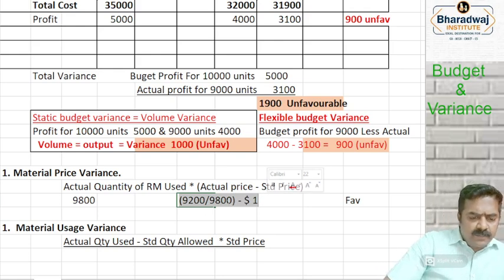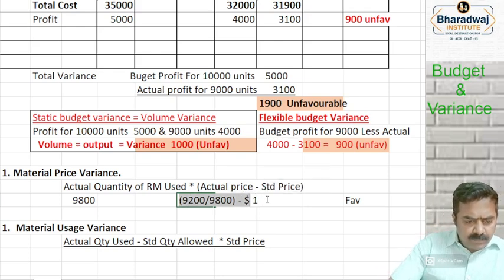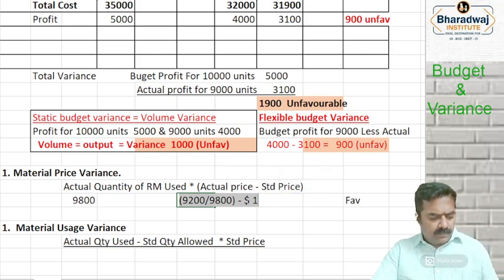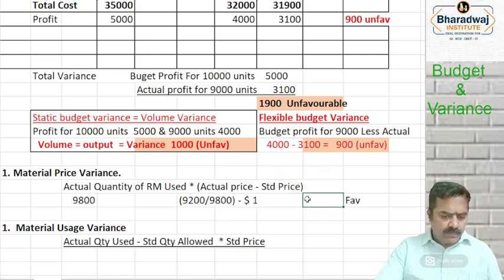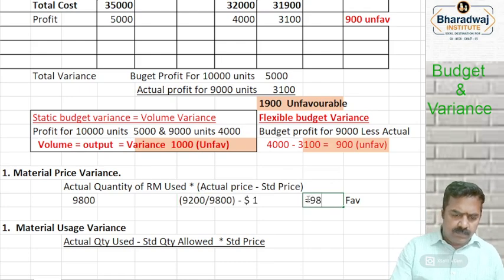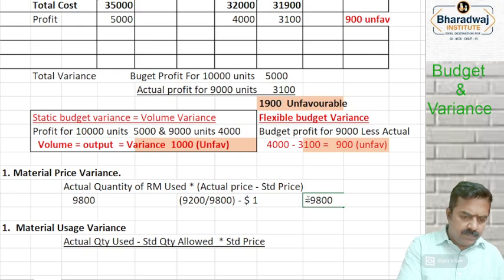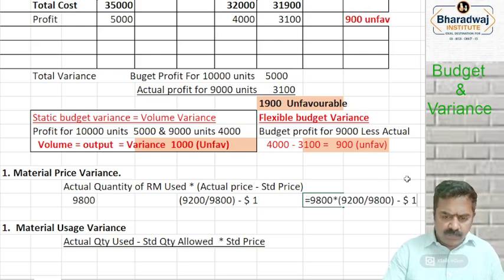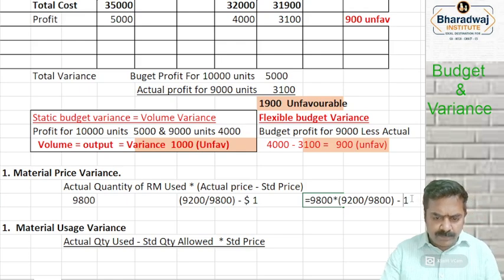What is the value of this? Why is this not coming correct?